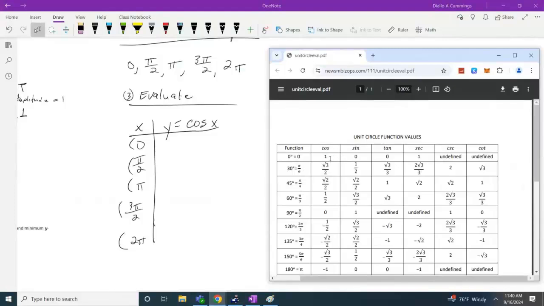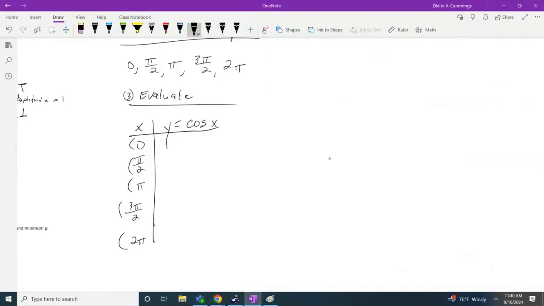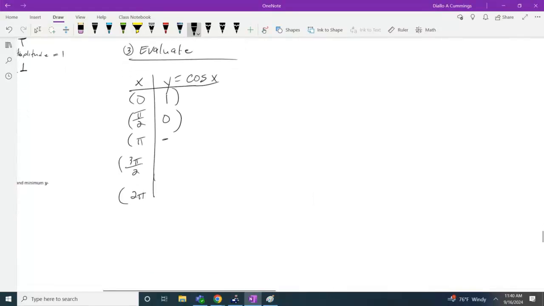So the cosine of 0 is going to be 1. The cosine of pi over 2 is 0. The cosine of pi is -1. The cosine of 3 pi over 2 is 0. And then we make one complete revolution. The cosine of 2 pi is 1, I'm sorry, that should be 1. Okay.